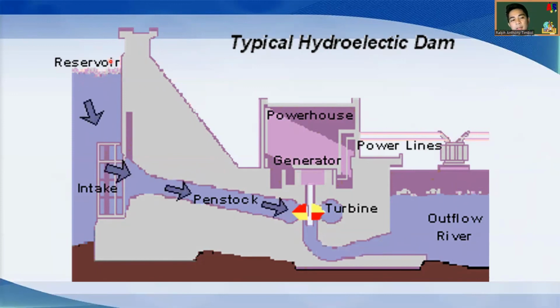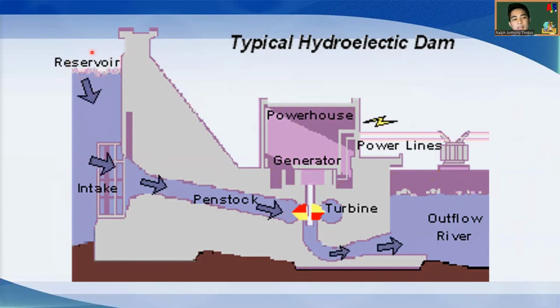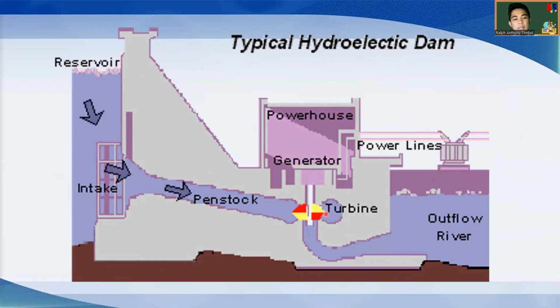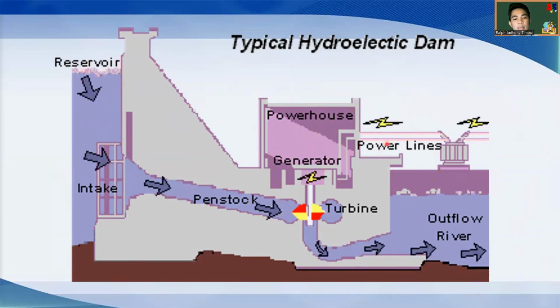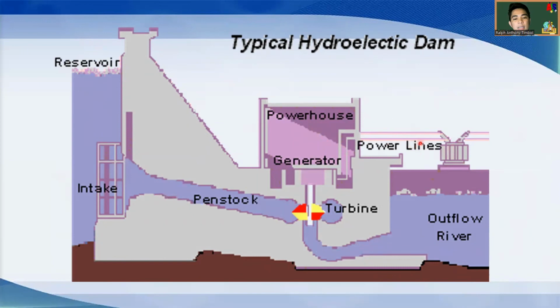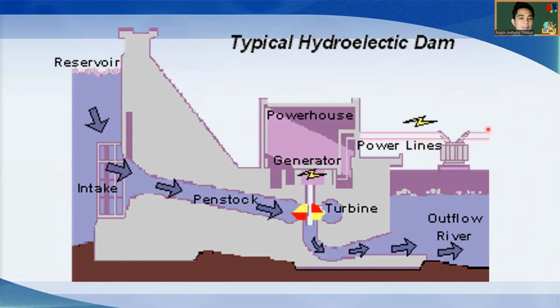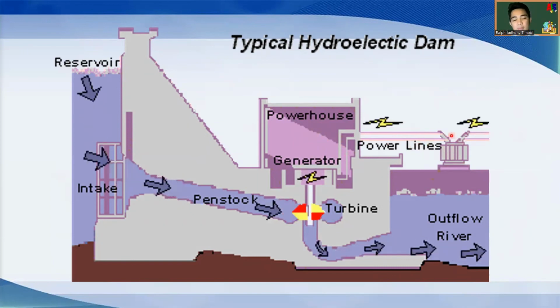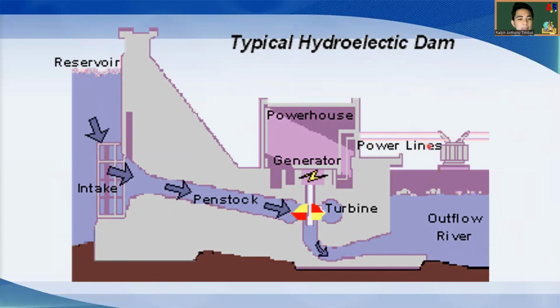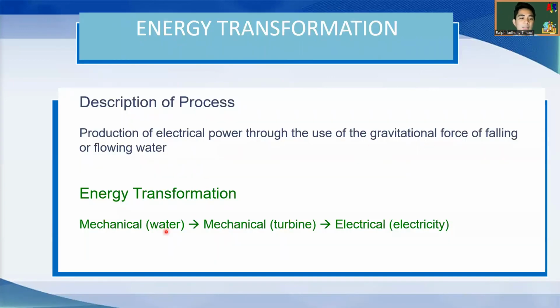So from the potential energy on the reservoir, converted to kinetic, converted to chemical dahil sinave muna sa battery, and then converted ulit into electrical. So that is the energy conversion present on a hydroelectric dam. So energy transformation, we have the mechanical kasi nga from potential to kinetic yun, kaya tinawag na mechanical energy.